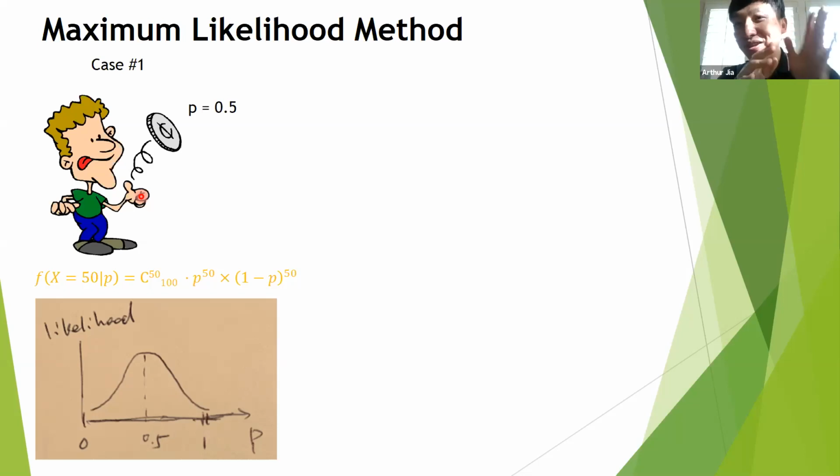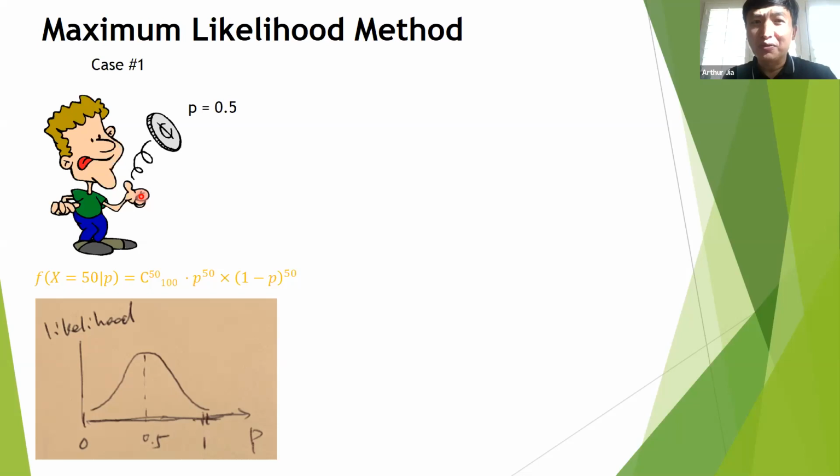Because he knew this is a binomial distribution, and he has a parameter p. But what he doesn't have is the number for p. He doesn't know what the real value for p is. So that's why he wants to perform a tedious experiment to get the data and estimate that p. This is what he wants to do.